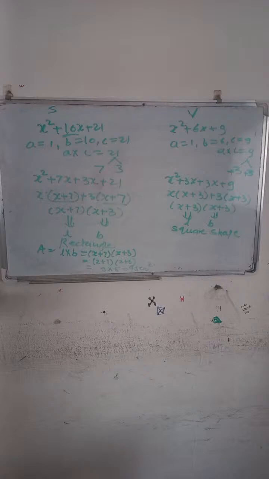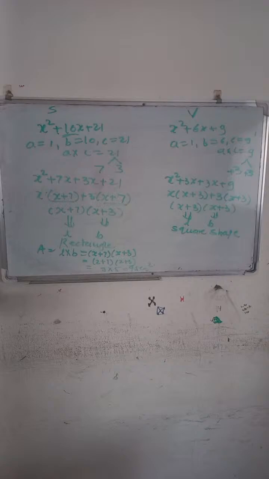Find out this using the splitting middle term method. That is 9 into 5. I substituted the value for x. X is equal to 2. You just do the calculation on your own. You will get 7 plus 2 is 9 and the other is 3 plus 2 is 5.